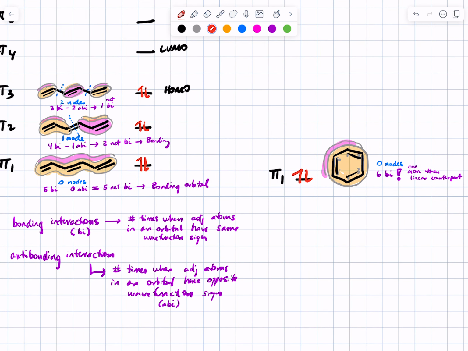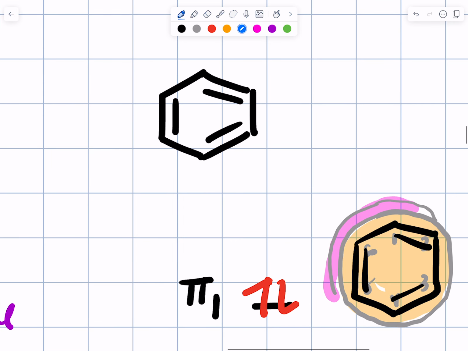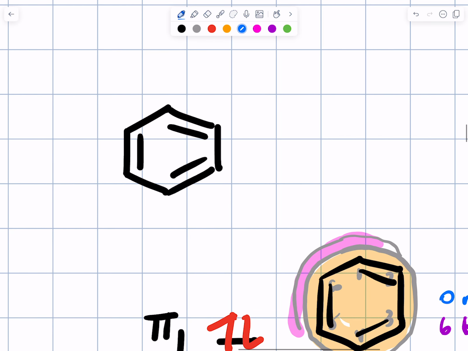Let's now look at how to draw an orbital for benzene with 1 node. It will turn out that for the linear 1,3,5-hexatriene, there was just 1 way to draw an orbital with 1 node and still obey the symmetry rules of the molecule. Because benzene's structure is different, there are actually 2 different ways to draw an orbital with 1 node.